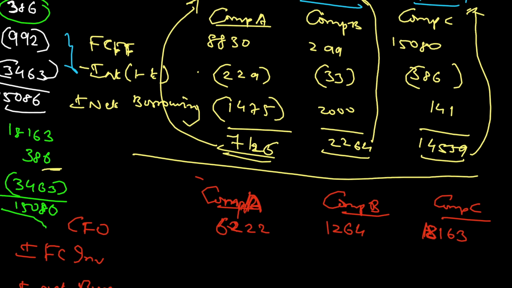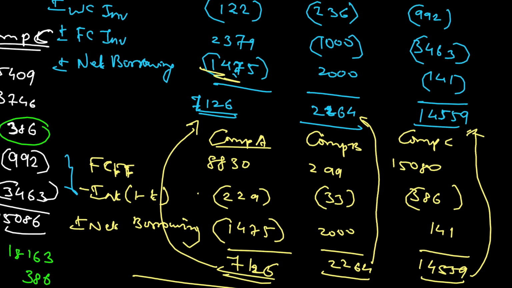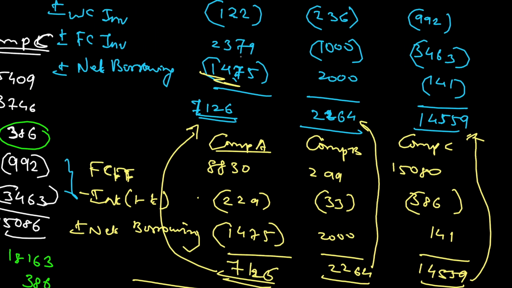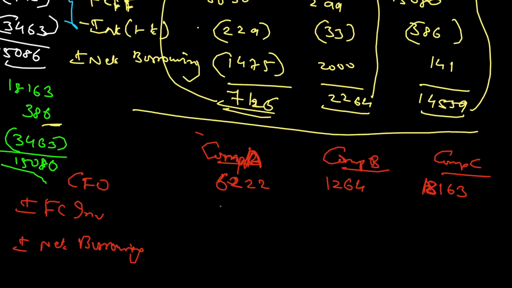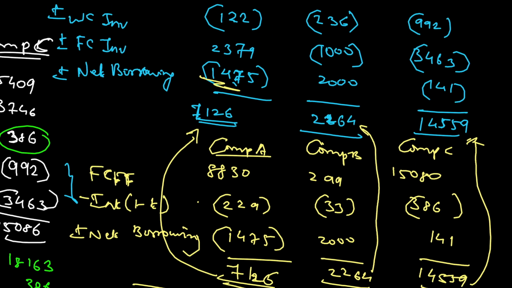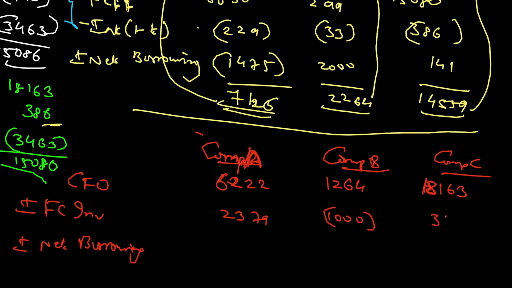Now plus or minus fixed capital investments. Fixed capital investments we have seen here: 2379, 1000 in minus, and 3463 will also be in minus.